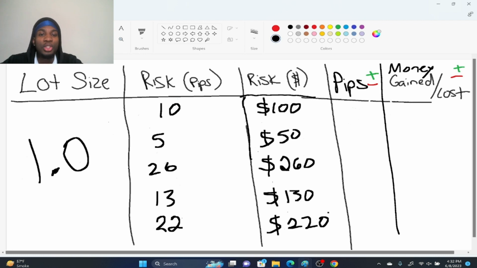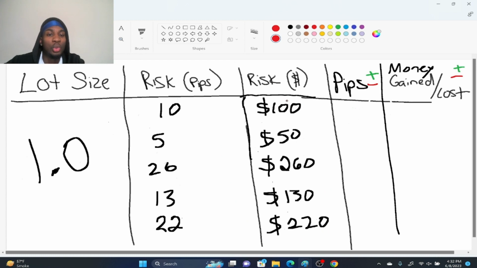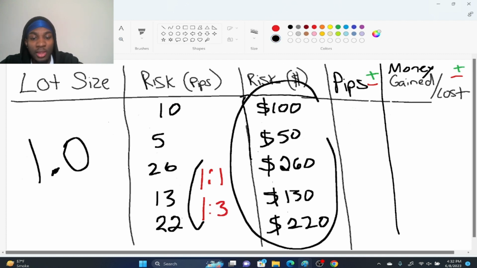Now I want you guys to remember these prices are the amounts that you are willing to lose. This is the first part of risk to reward, because remember how I said you want to get a 1-to-1 or a 1-to-3. This section right here is this side of it.